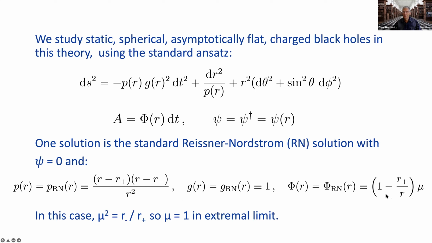I'm choosing a gauge in which the potential vanishes at the horizon and is non-zero at infinity. The charge is mu times R plus. Mu is, of course, not an independent parameter. For Reisner-Nordström, mu squared is just the ratio of R minus over R plus. And so mu equals 1 in the extremal limit.